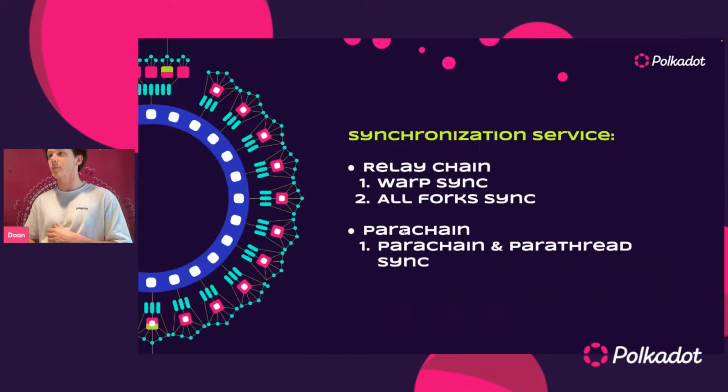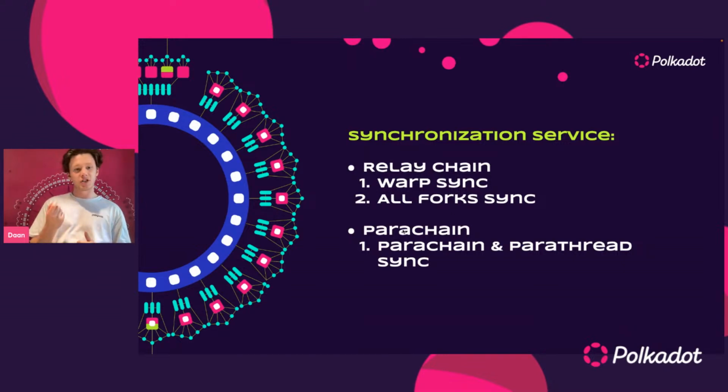So now the synchronization service. The synchronization service is different for the relay chain and the parachain, and I will explain that. If we start with the relay chain, it starts with the warp sync protocol, and this is what I mentioned before. This is where we only verify the changes to the authority set.